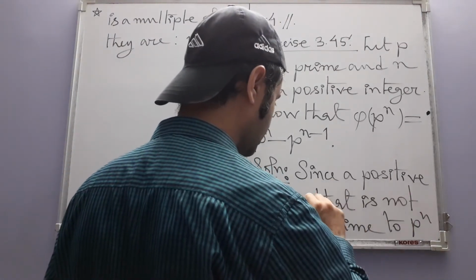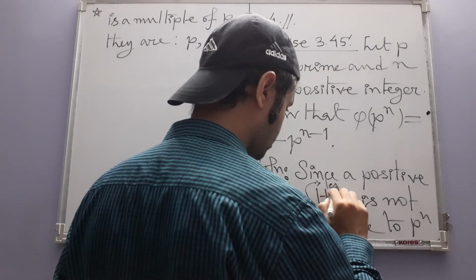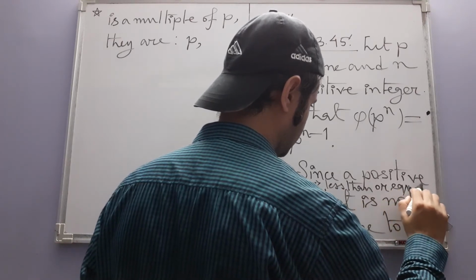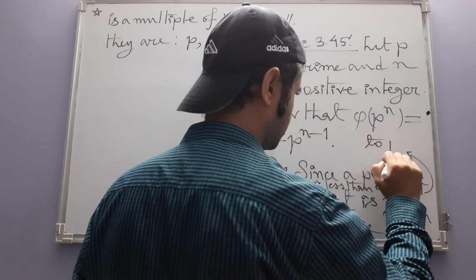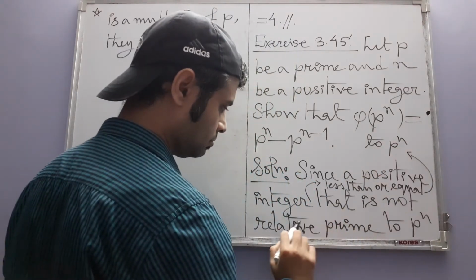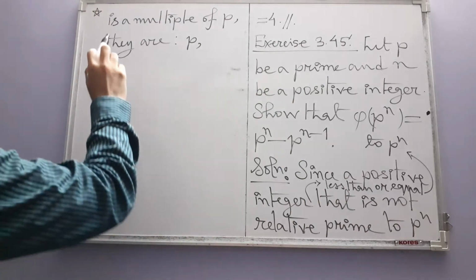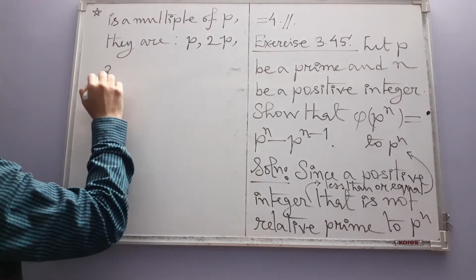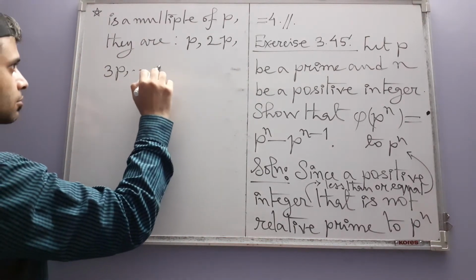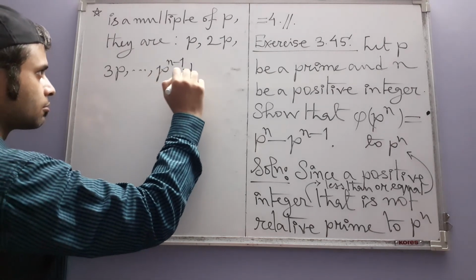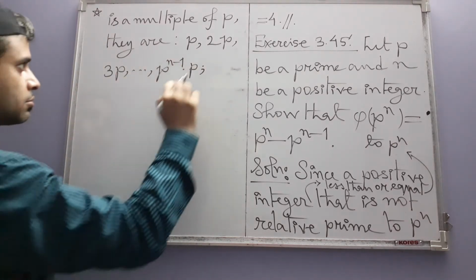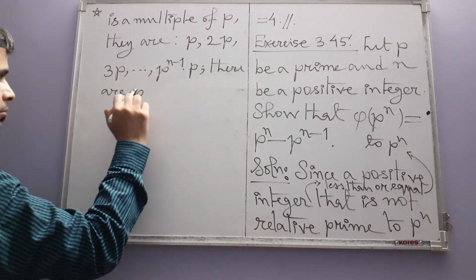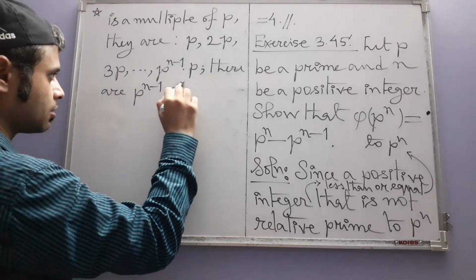Since a positive integer less than or equal to p to the power n, that is not relatively prime to p to the power n, is a multiple of p, those are precisely these. There are p to the power n minus 1 of them.